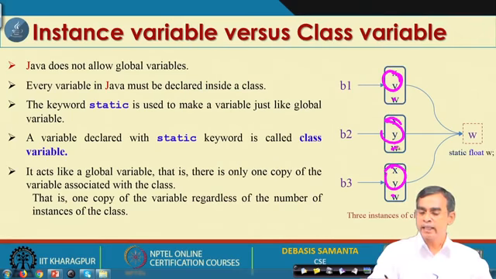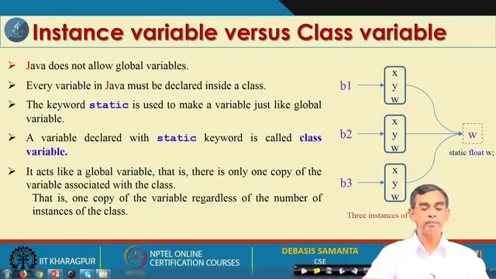This means there is only one copy for all objects, so W is shared among all 3 objects that we have created. If it is a static variable, it will have only one instance for all, that means shareable to all. So, this is the idea about instance variable versus class variable.